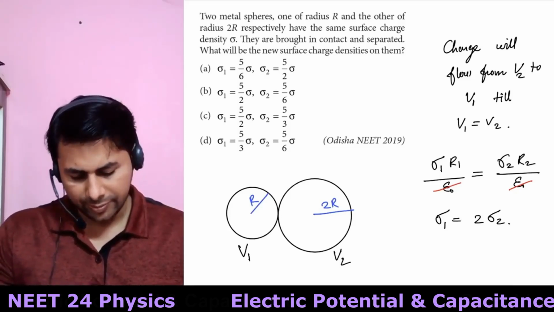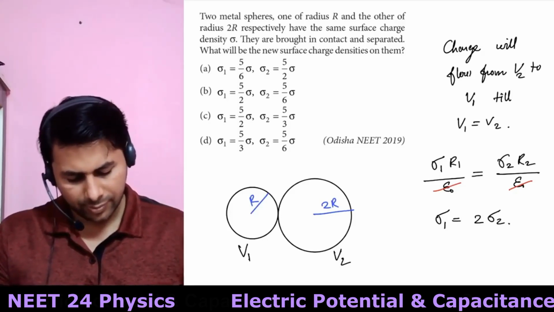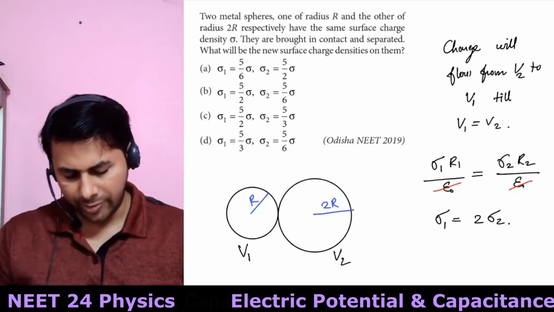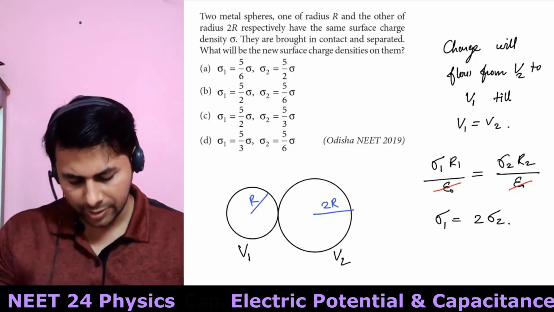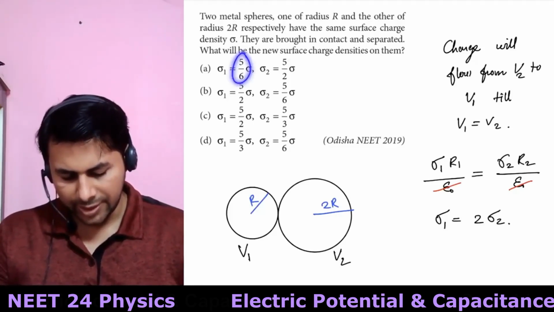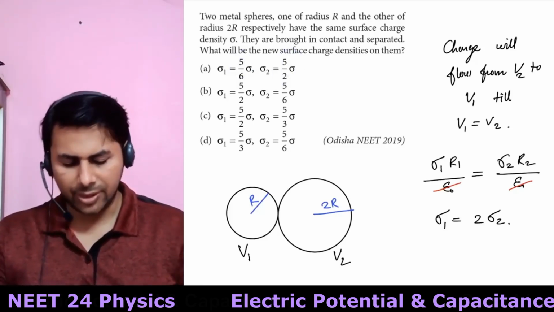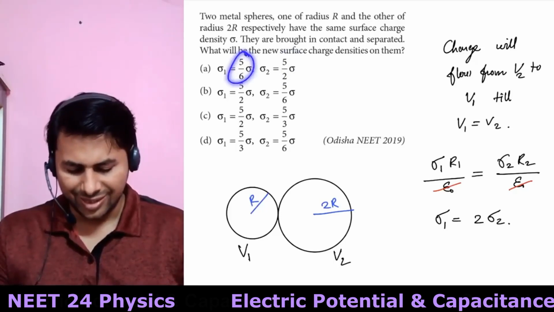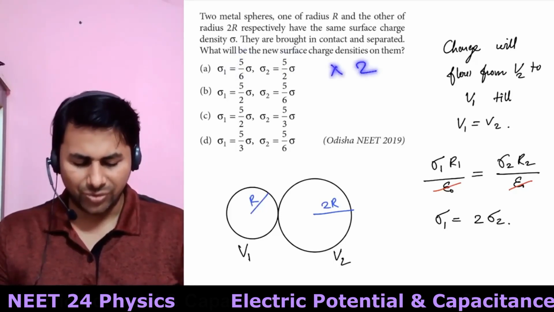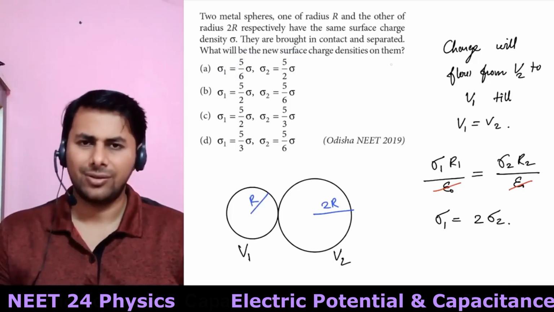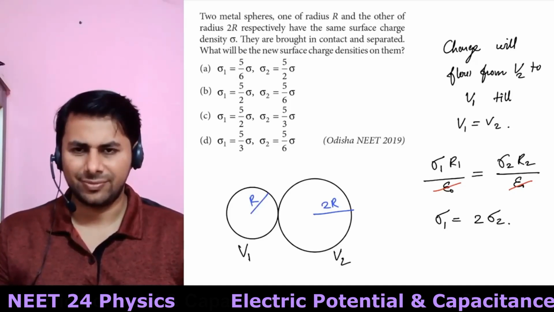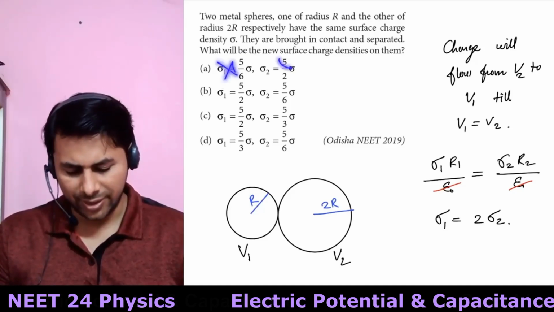So which is the answer? Can we figure out the answer from this? This is 5 by 6, this is 5 by 2. So definitely not. 5 by 6 times 2 will be 5 by 3, so this is not correct.